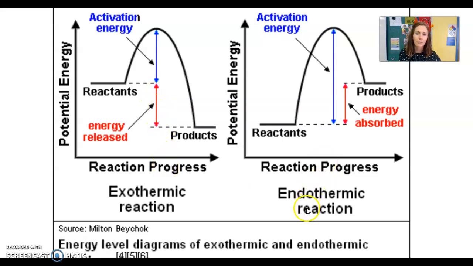In an endothermic reaction, energy is being absorbed. So if we look at potential energy on our y-axis here, it is increasing. If my reactants start with a higher energy and they release it, they're going to have a lower potential energy after the reaction happens. In an endothermic reaction, the reactants are taking energy from those surroundings. Energy is being absorbed.